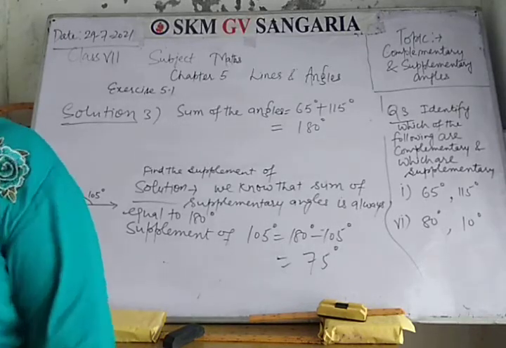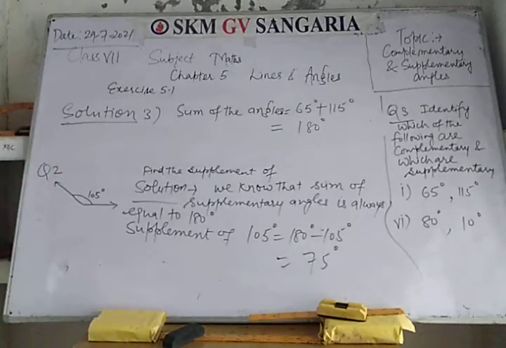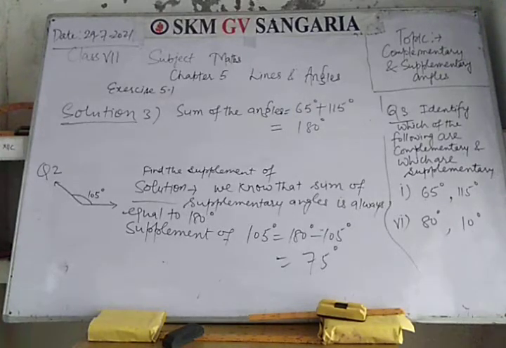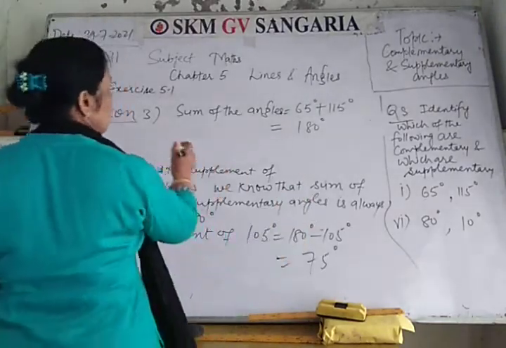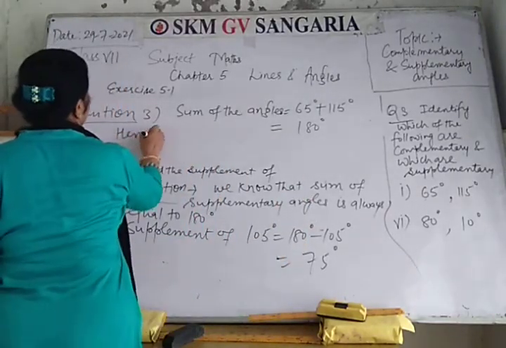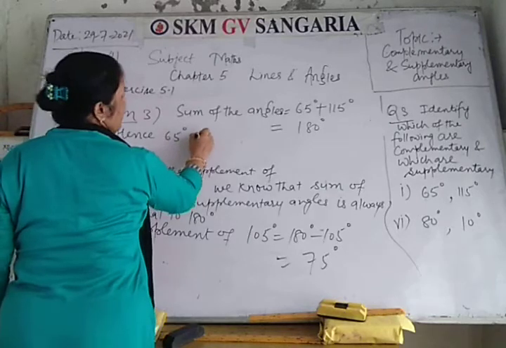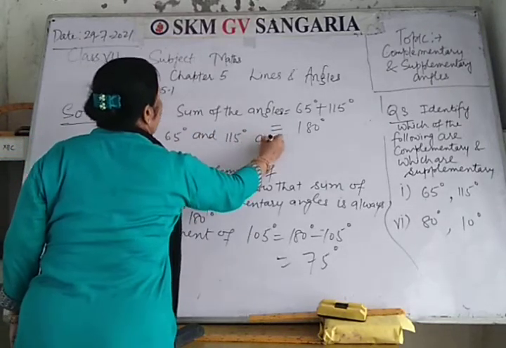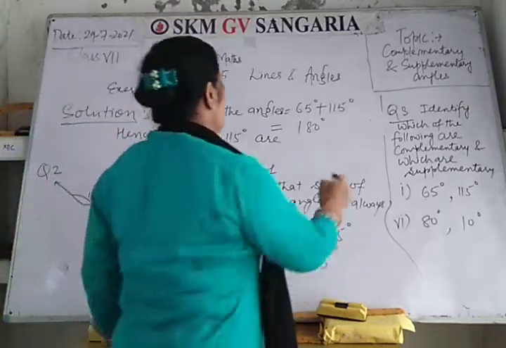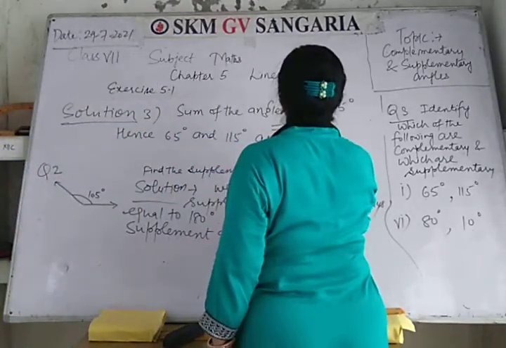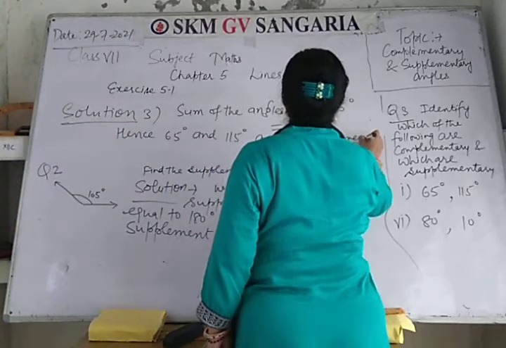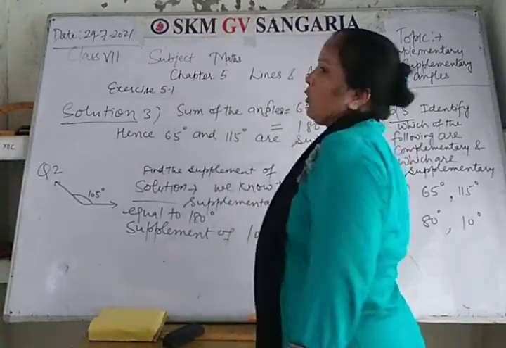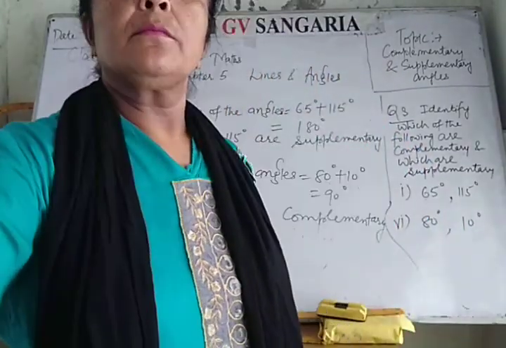So if the sum of two angles is equal to 180 degree, you will write: hence both of the angles are supplementary. Hence 65 degree and 115 degree are called supplementary angles.